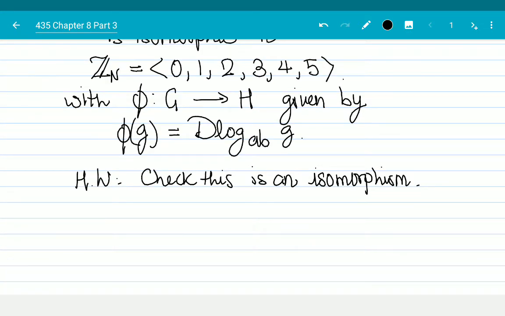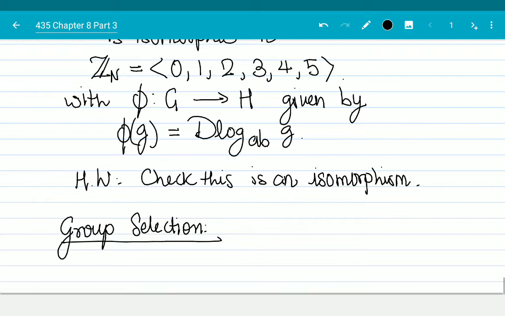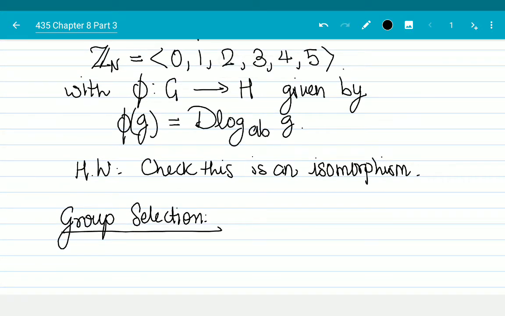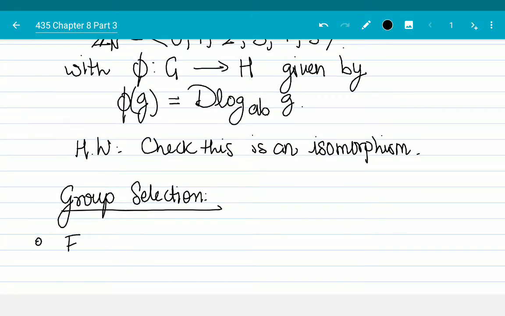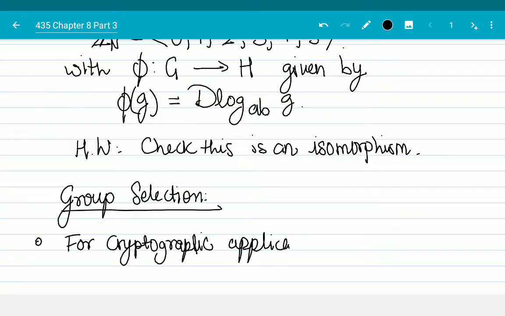For cryptographic applications, group selection. For cryptographic applications, there are two kinds of groups that are really good. Best to use prime order groups.